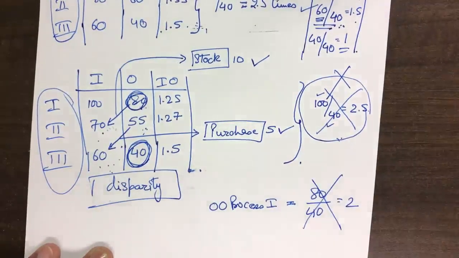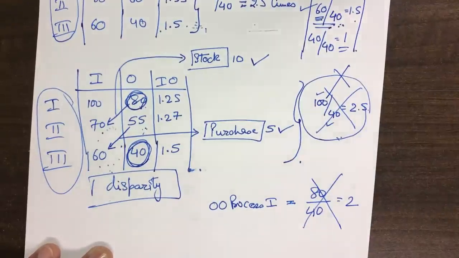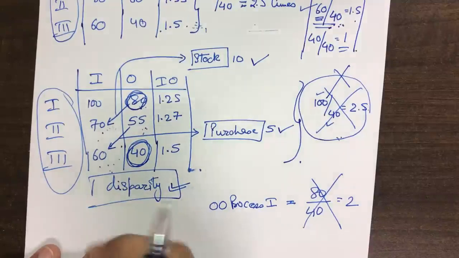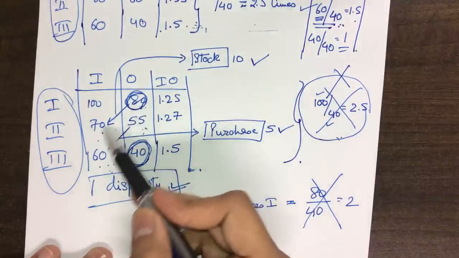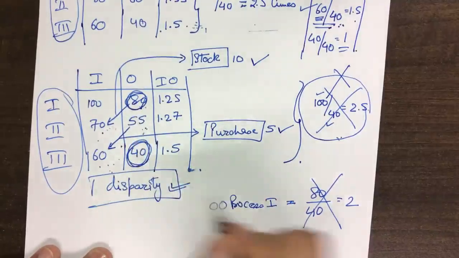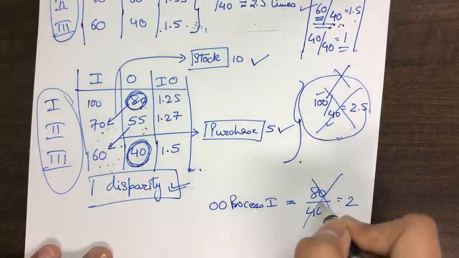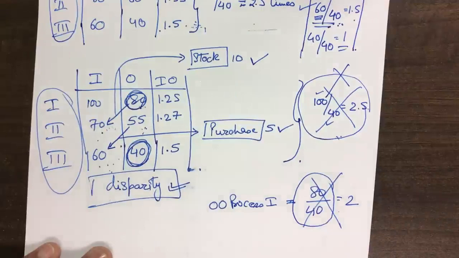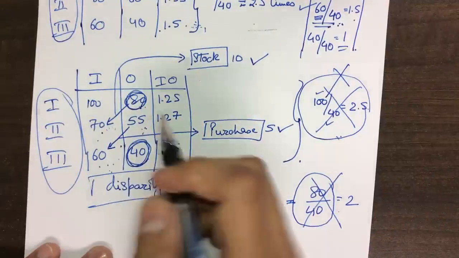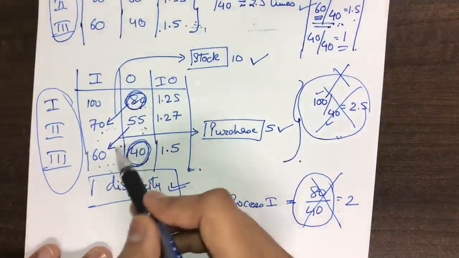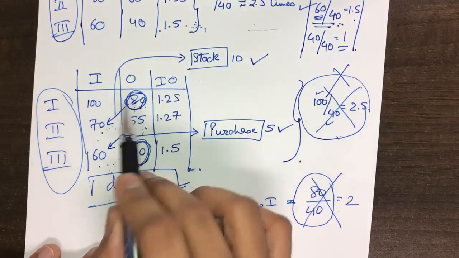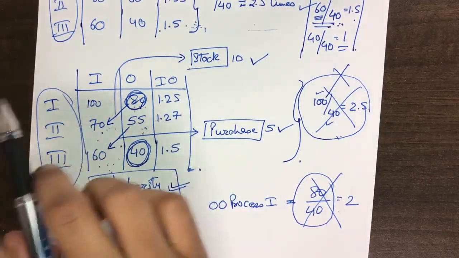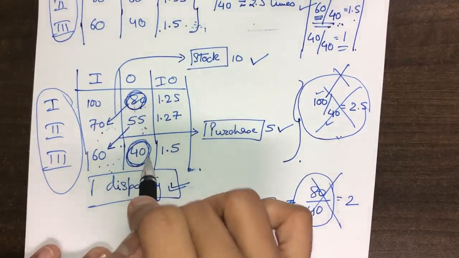Your answer is incorrect. Again, the problem is disparity. If there is disparity between the inputs and outputs of two subsequent processes, you cannot ascertain the output-output ratio simply by dividing the output of the first process with the output of the second process. You cannot, because there are disparities between input and output. So 80 units of output of the first process will not lead to 40 units of output in the last process.